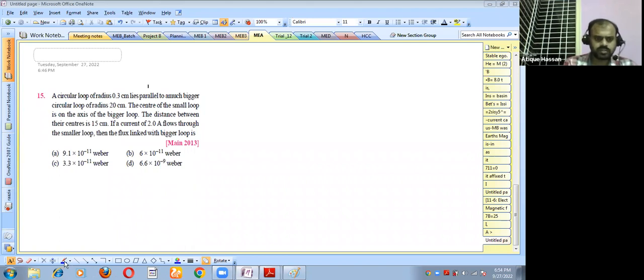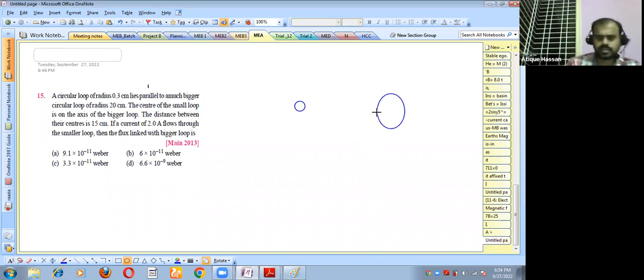So there are two circular loops. Suppose this one is one circular loop and there is another circular loop, both lying parallel to each other.